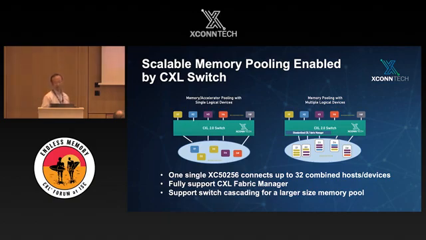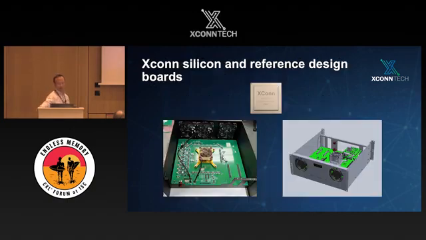Let me move on to the hardware we have. People can easily see the chip, the silicon, in its final package form. You can see on this picture, on top is our silicon, and we also have this reference design hardware in a chassis form, in a rack, shown here.